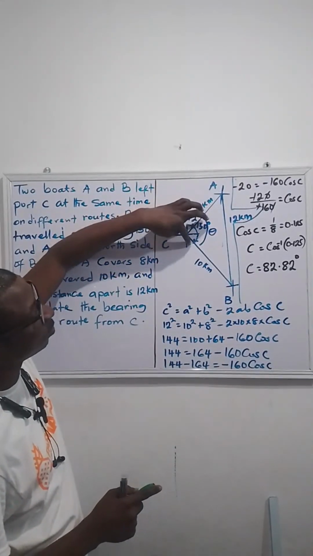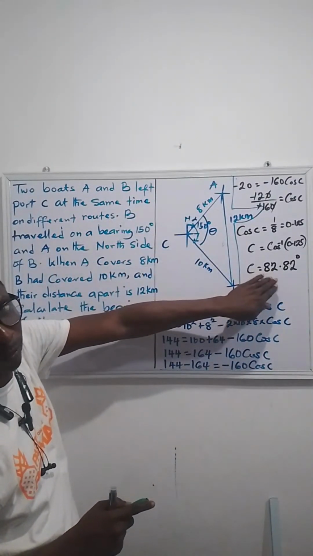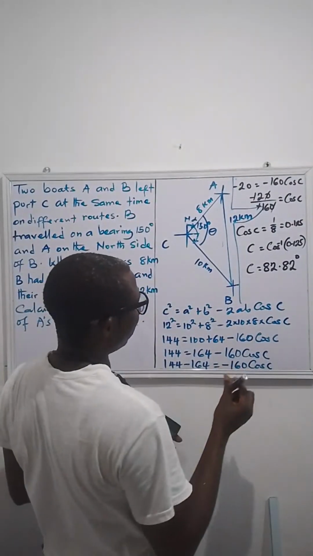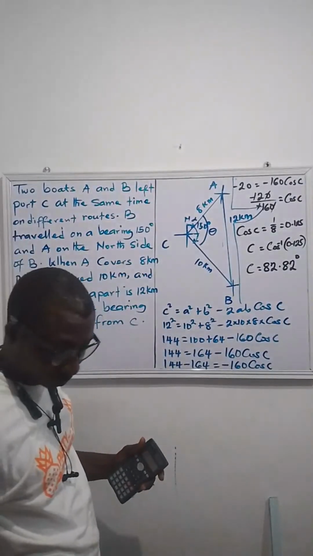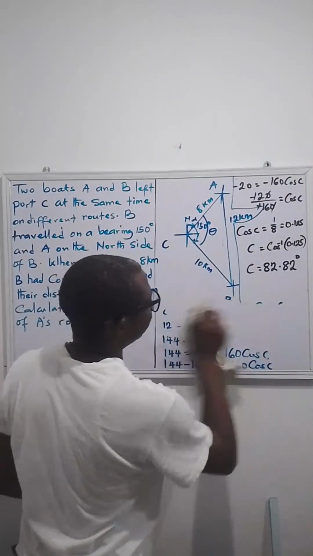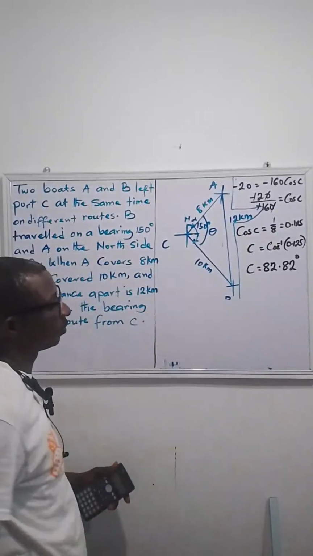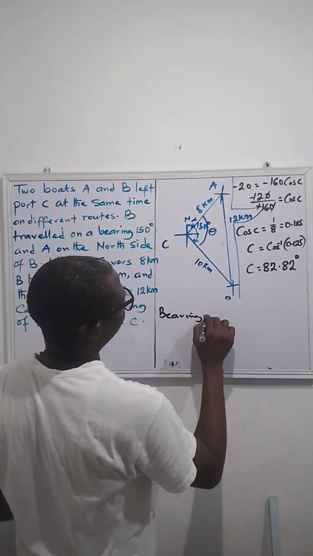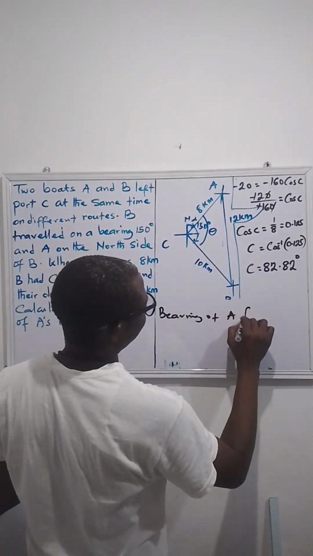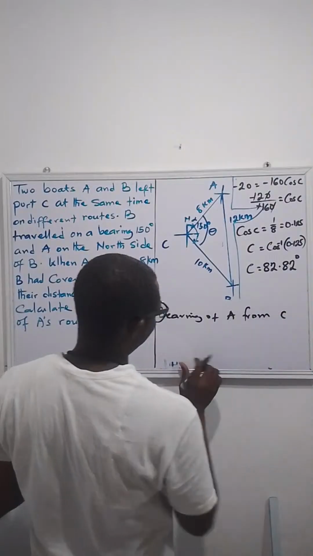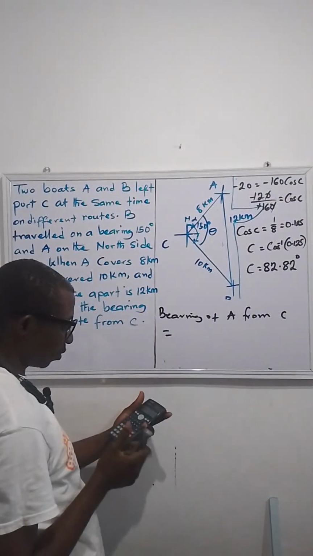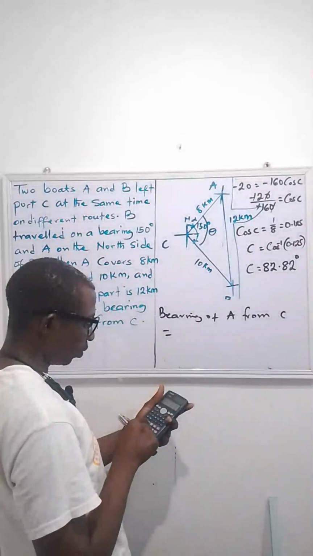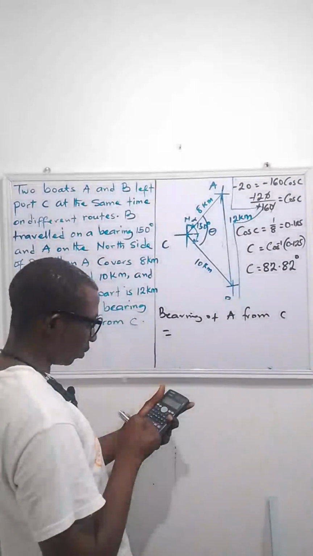Since from here to here is 150, let's take this away from 150. When you take this away from 150, what do you have? The bearing of A from C is 150 minus 82.82.